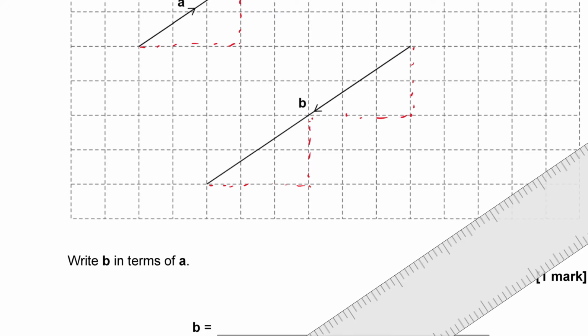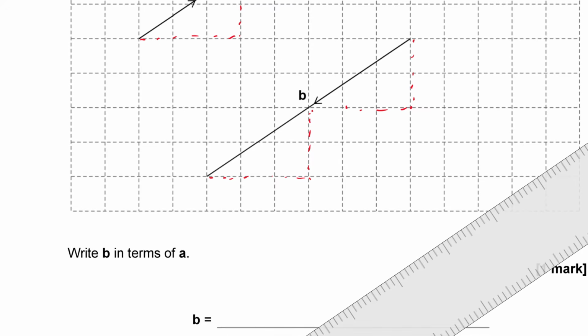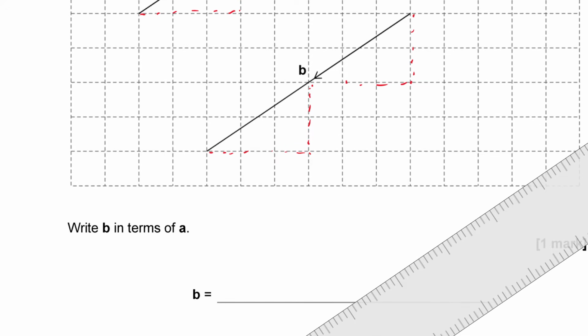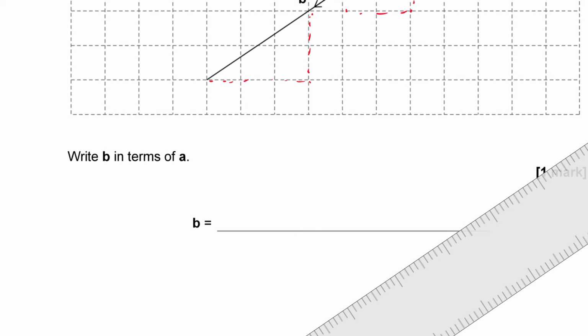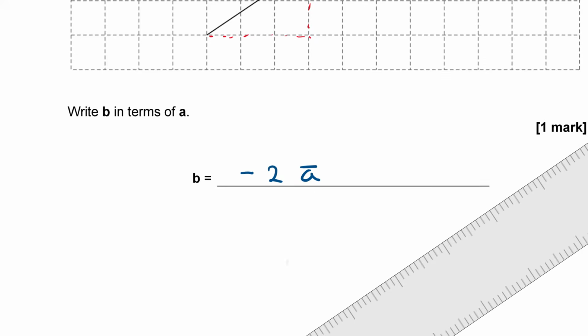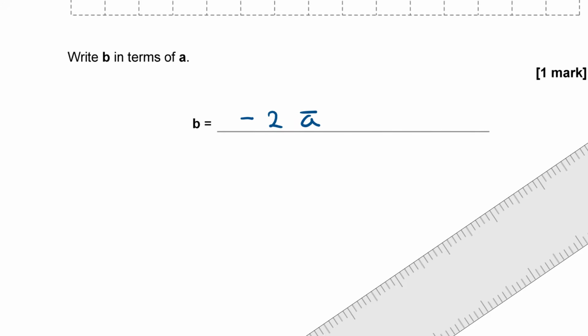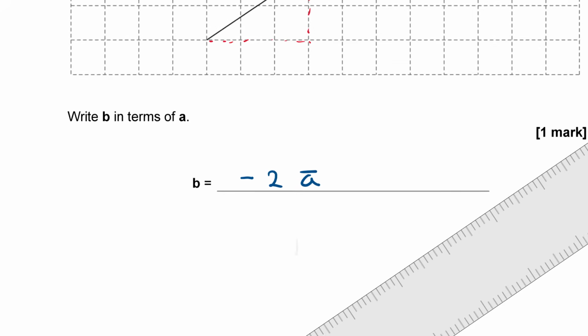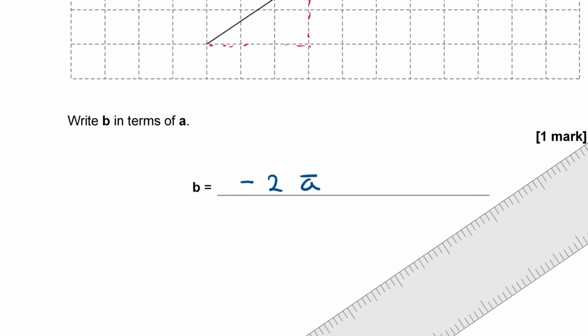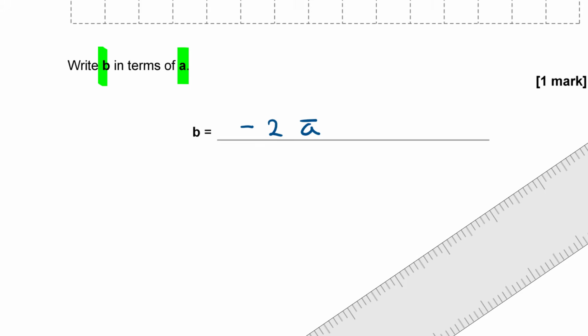So b is twice as long as a, and in the opposite direction, it's going to be negative 2 lots of a then, isn't it? So b is minus 2 lots of vector a. Okay? Now draw an a with a little hat like that because it's a vector. I can't draw in bold. I don't know if you've seen that these are written in bold. Now I can't write in bold, so I put a little line on the top to show it's a vector.